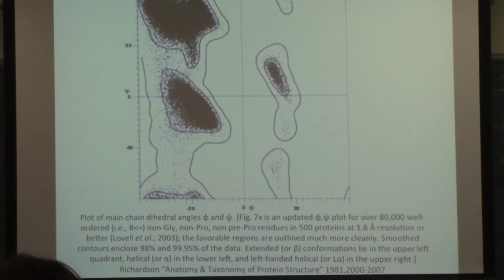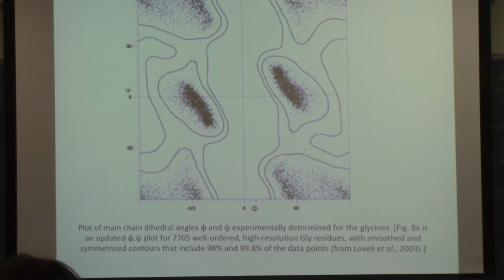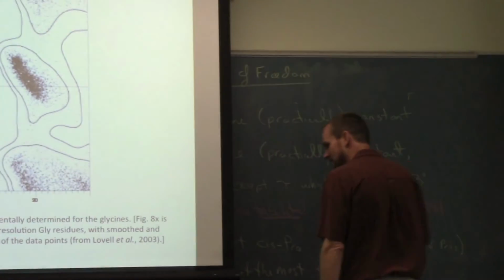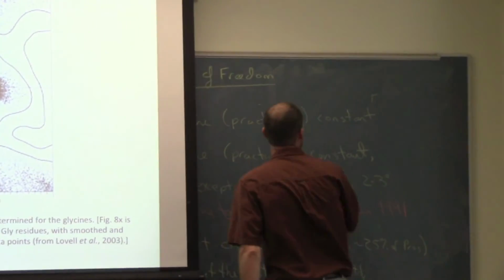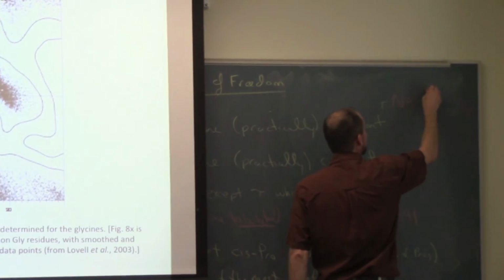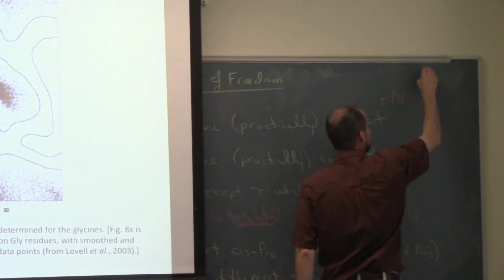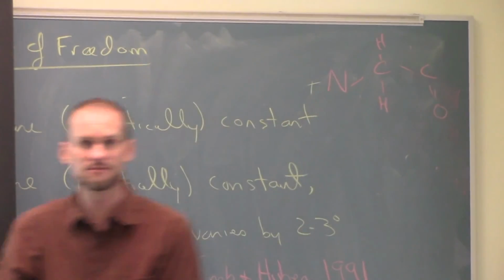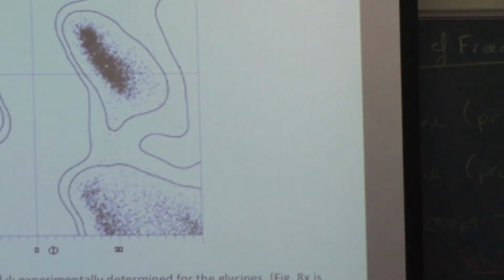I'm looking for a word that starts with S to describe this plot. Symmetric. This one's symmetric. Why is glycine symmetric? Because it has two hydrogens on the alpha carbon. So glycine is CHHCO; there are two hydrogens, so there's no L or D form, whereas for other amino acids it's always an L form.